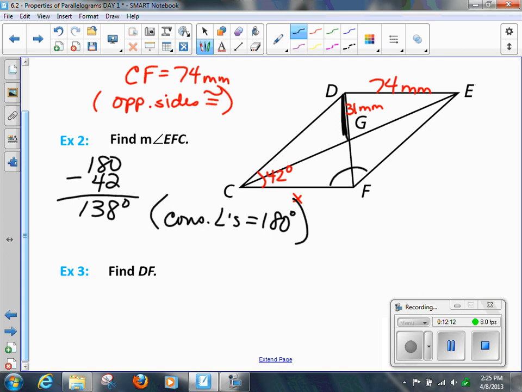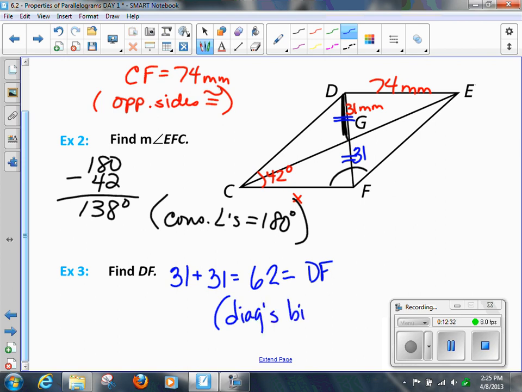You add them together. What is GF? 31, because the diagonals bisect each other. So I'm going to take 31 plus 31, which is 62, which is DF, because diagonals bisect each other. Very good. You need to put these reasons down on your paper.